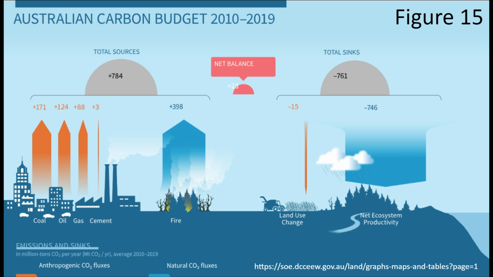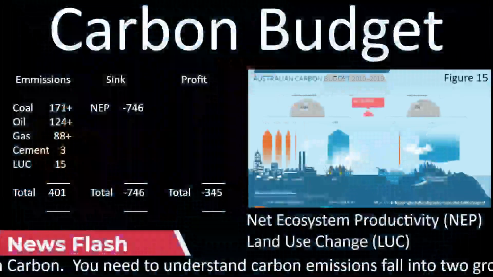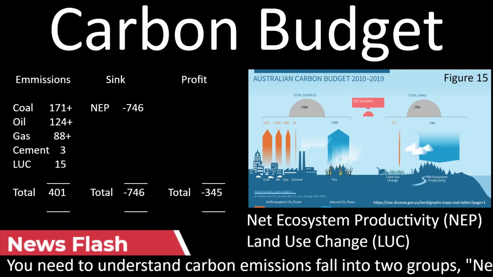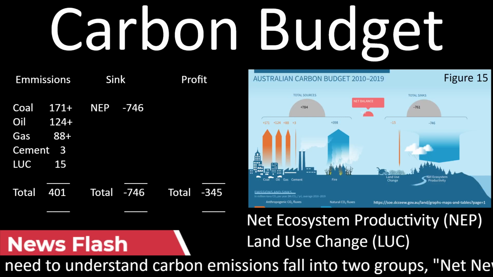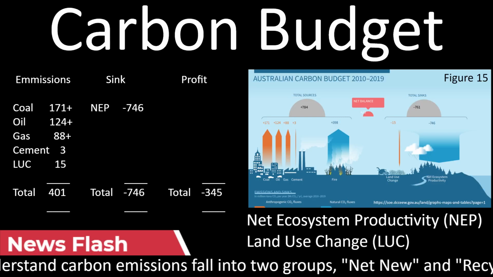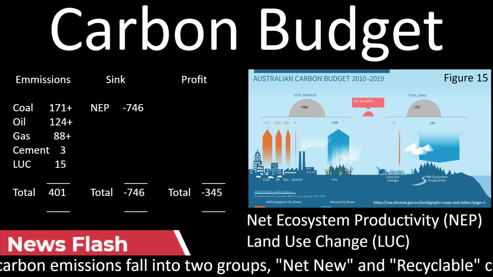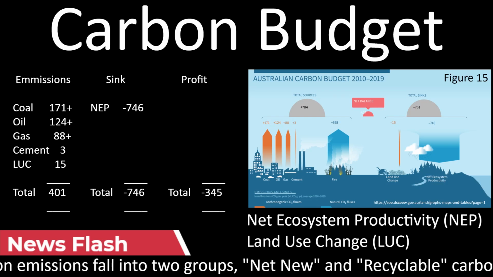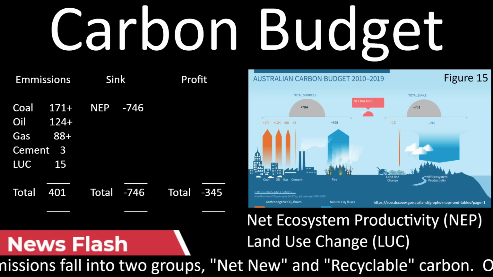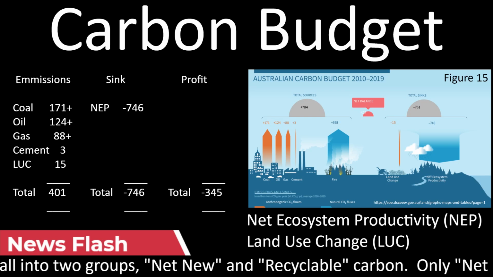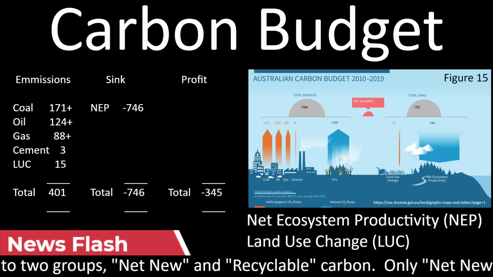Now, I want to say something really important here. Recyclable carbon is carbon that is already being put into the atmosphere by fire. So fire is a recyclable carbon that's then also absorbed into the ecosystem. Net new carbon is the orange.